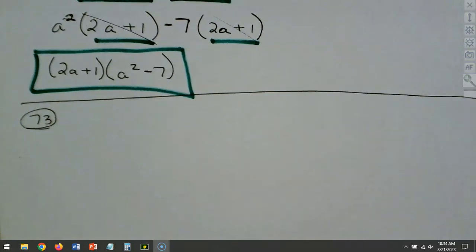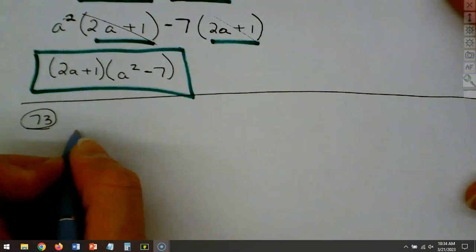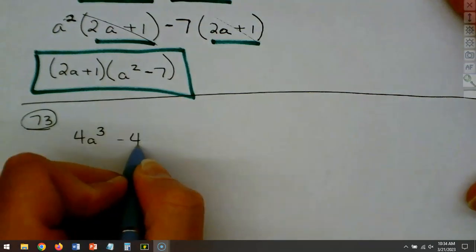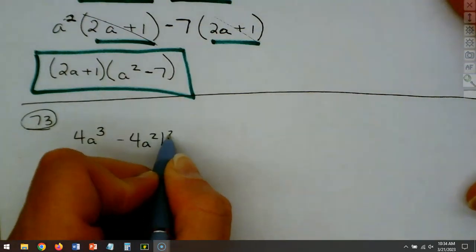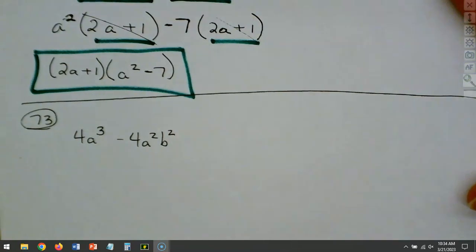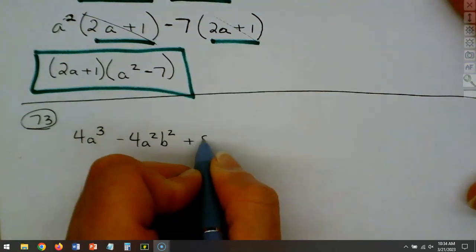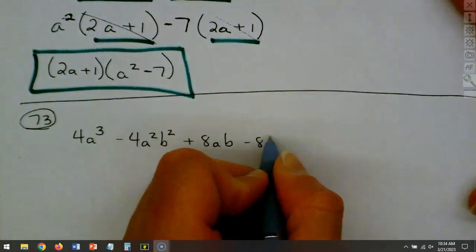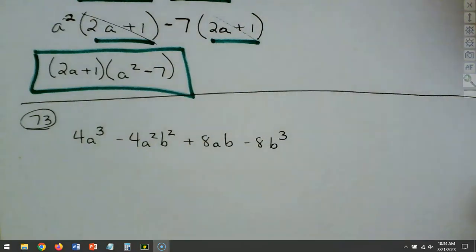So we need a 4a cubed, a minus 4a squared b squared, a positive 8ab, and a minus 8b cubed.